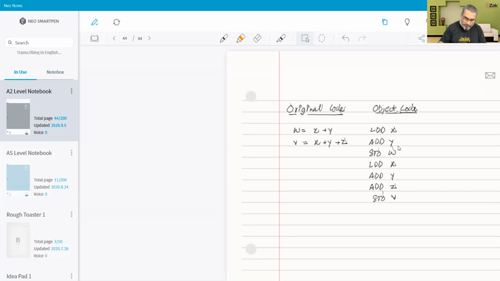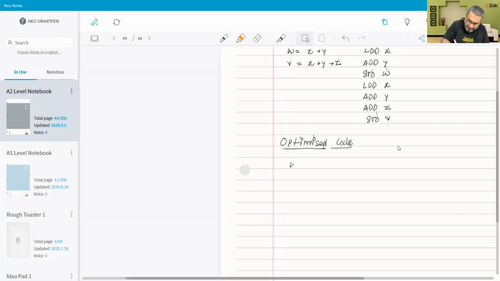Now we have to optimize it. How do we optimize it? Let's first see that optimization in original code form.